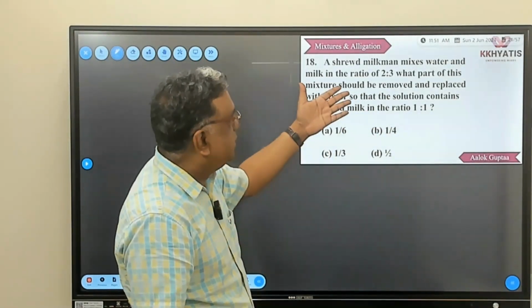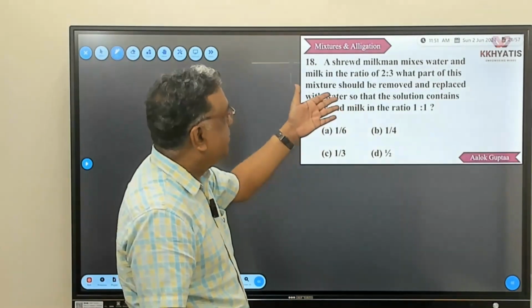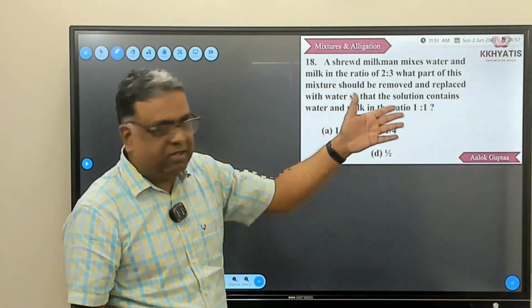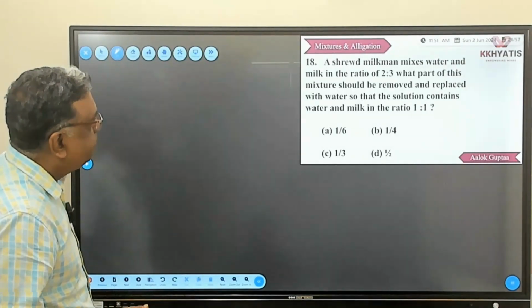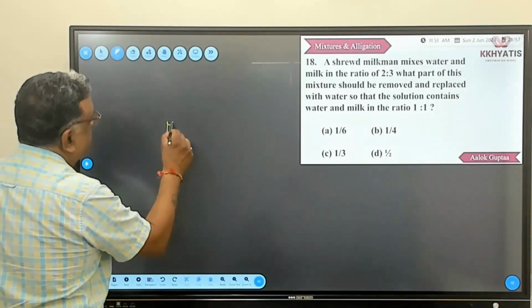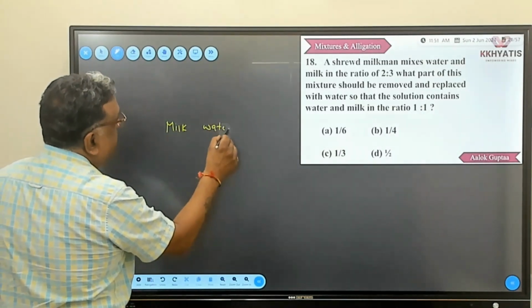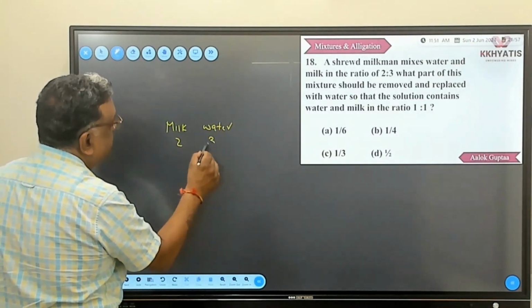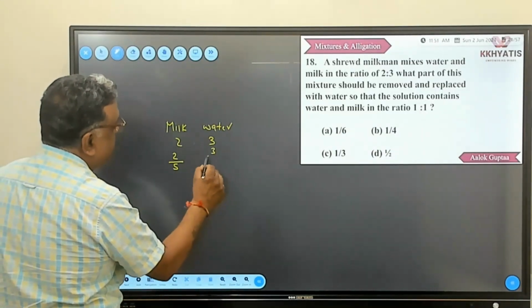So we'll do that repeated removal concept and we'll apply it on milk because that has been constantly removed. So what is the initial quantity of milk? So milk and water are in ratio 2 is to 3. So can I say milk is 2 of total 5 and water is 3 of total 5?